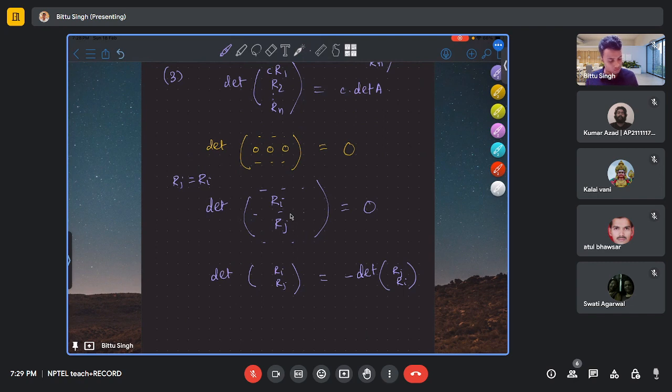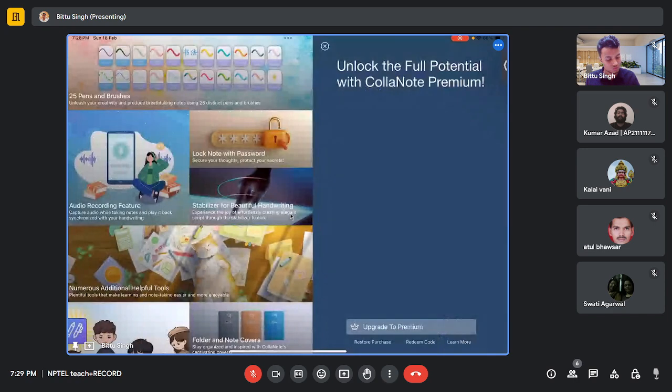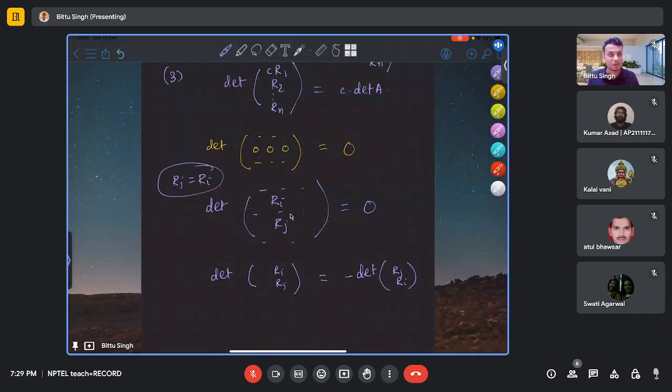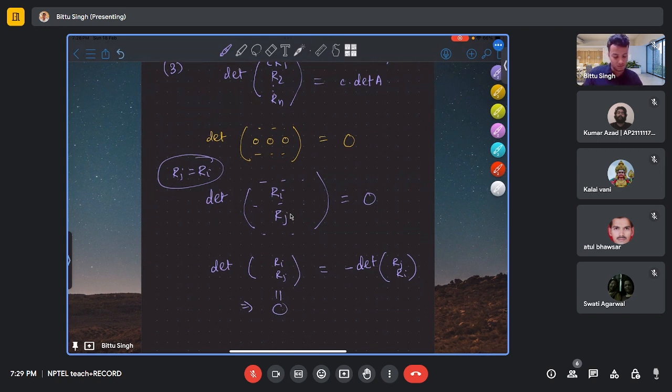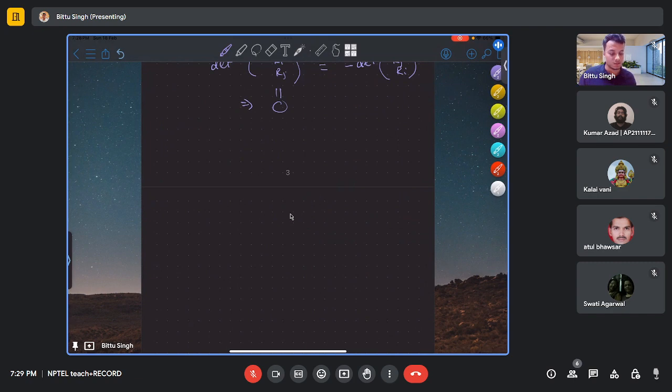But it is given that Ri is same as Rj. So we are getting something is same as negative of that thing. It is only possible when this thing is 0. Something cannot be negative of that thing except it is 0.